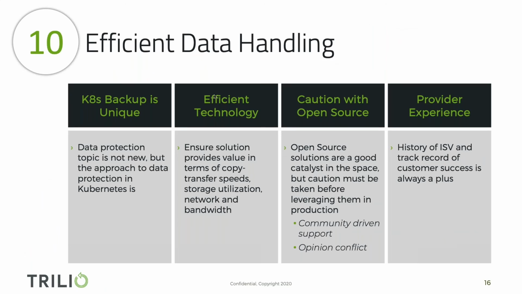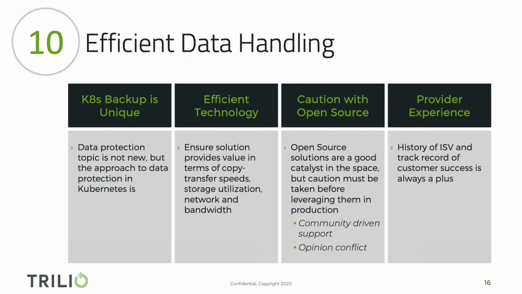And then lastly, efficient handling of data. As we said, the term data protection is not new. Data protection has been happening for a while. How you do it in Kubernetes is different. But you always want to make sure that the solution you're adopting is not just taking all your data and dumping it into a backup repository, but is doing it in an efficient fashion, providing space efficiency through deduplication, and providing cost savings by sending less data over the wire.